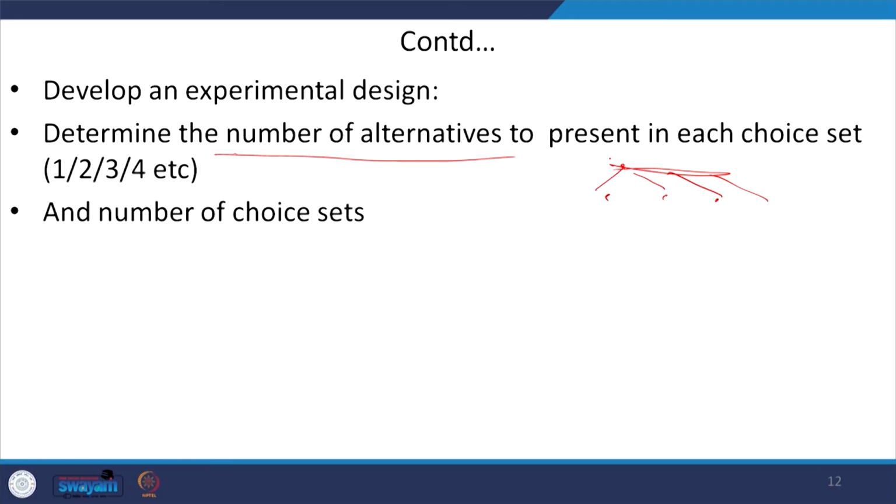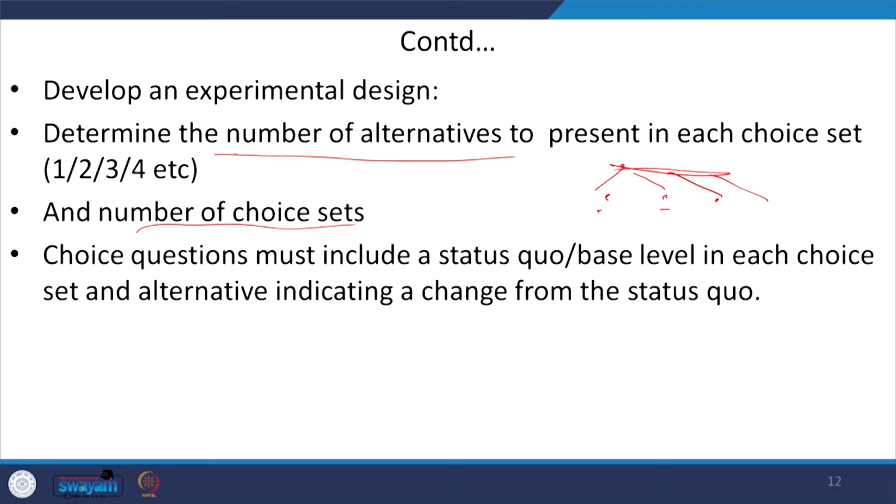We also need to talk about the number of choice sets, not only alternatives but also these sets. And once these choice sets are determined, then the choice questions can be determined. So, choice questions can include the status quo or base level, that is the original one.